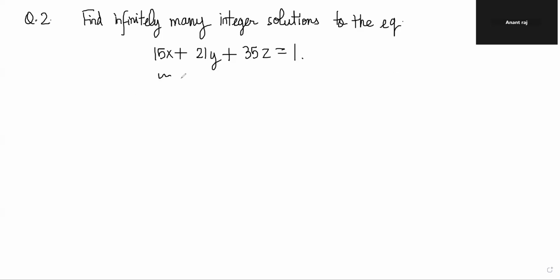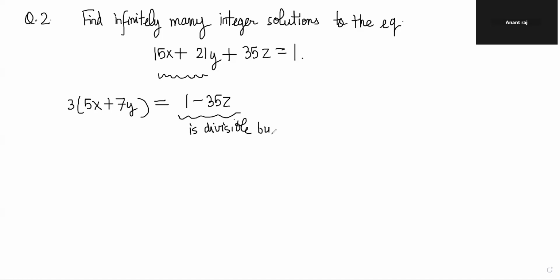The hint is that these two have a common factor of 3. If you write 3 into 5x plus 7y, you can write that as 1 minus 35z, right? So that means that this number is divisible by 3 somehow. If you think of z in terms of z mod 3, how can it be divisible by 3?